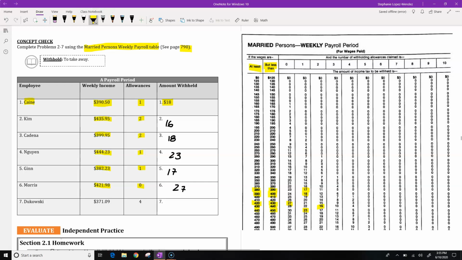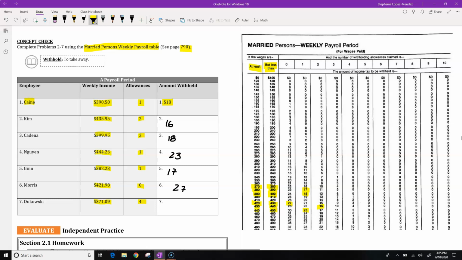And my last example is Tukowski with a weekly income of $371.90, and this person has 4 allowances. So I look for a range where I could place 371, and I find it right here, 370 and less than 380.